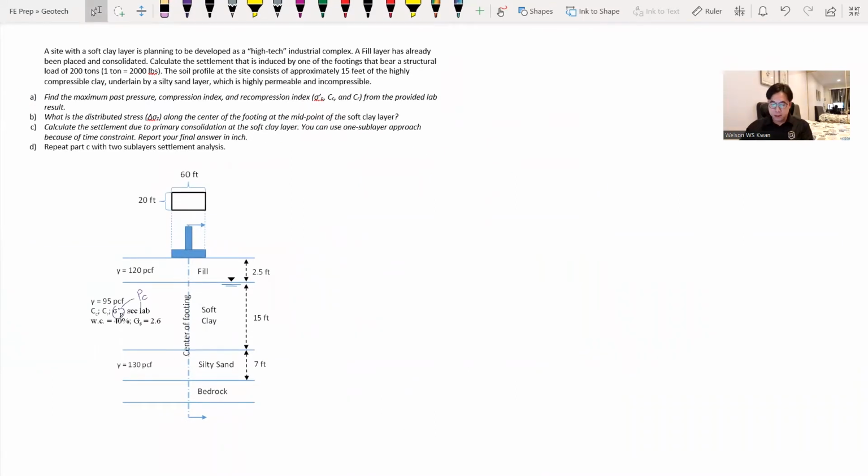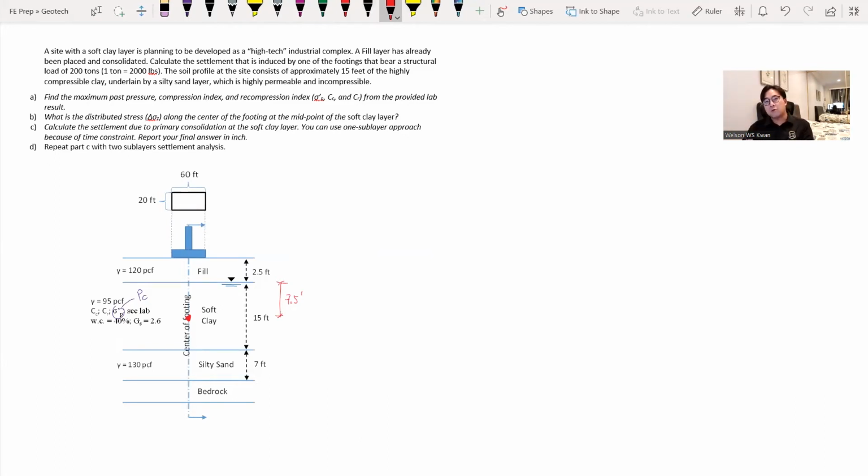Okay, part B here asks us to find the distributed stress along the center of the footing at the midpoint of the clay layer. So we are particularly asked what is the distributed stress at this point, which is 7.5 feet below the interface of the fill and the soft clay layer, at the midpoint of the soft clay layer, and also at the center point of the footing.